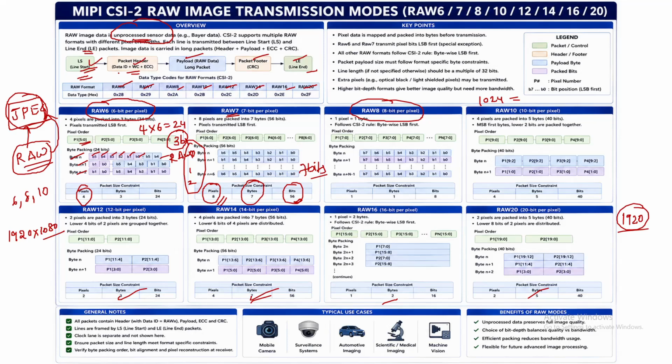ID means which type of data you are transmitting, whether it is related to RAW0, RAW6 or RAW10. What type of data is being transmitted, we need to know that, and based on the ID only we will know that. Suppose 3 people are talking, then who is talking, I will identify based on the name only. Same thing here also, ID is required.